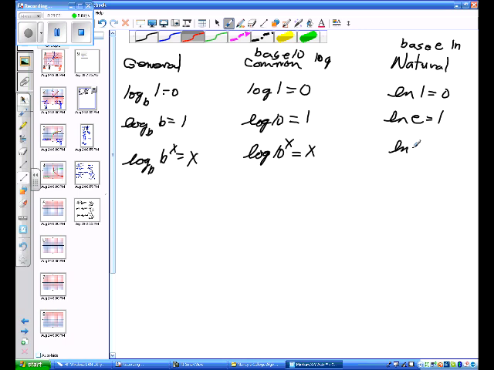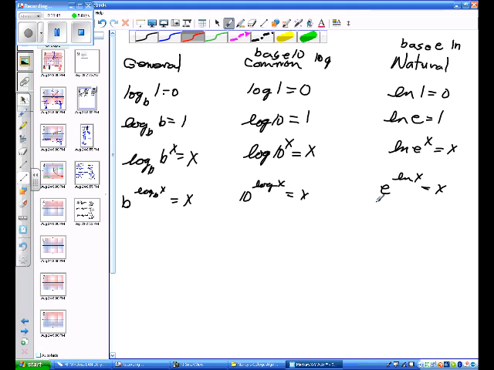And the natural log of e raised to that power, any power, is equal to x. And then the other one, an inverse property, was b raised to the log base b of x. Remember, when the base of your function was the same as the base of your log, then it equals x. So this would be 10 raised to the log of x would be x. Again, when no base is shown, it's understood to be a 10. And e raised to the natural log of x would be x. When it's an ln, then it's base e.